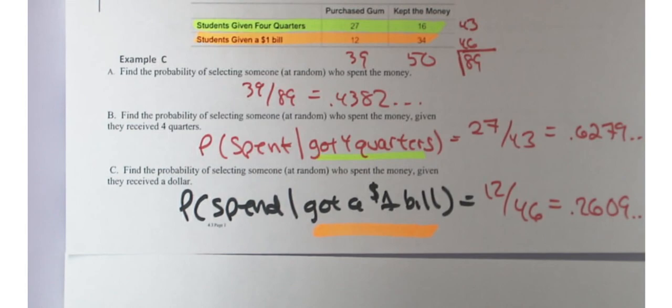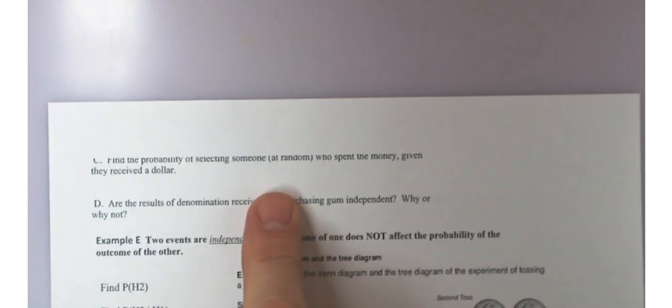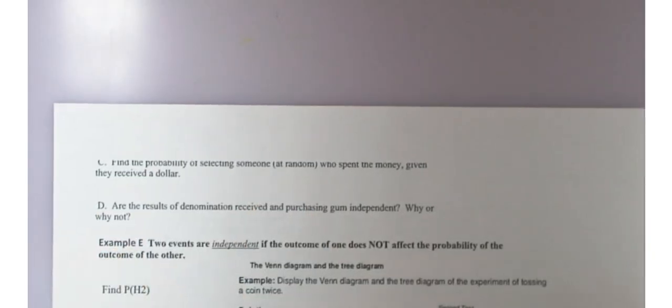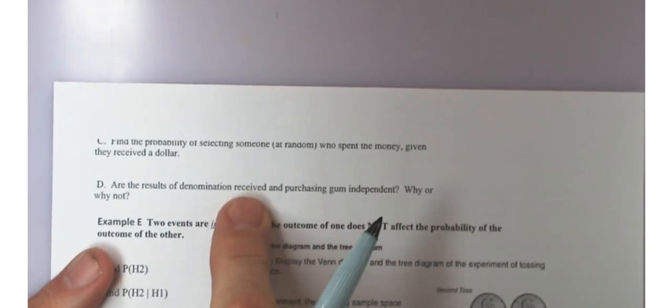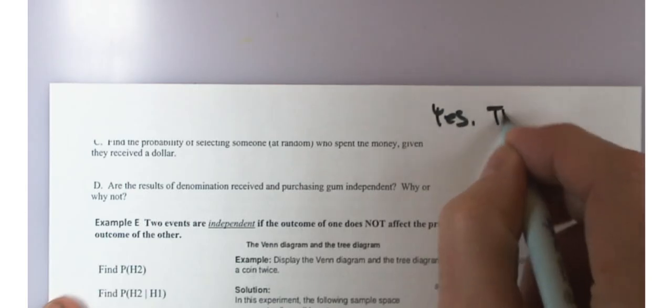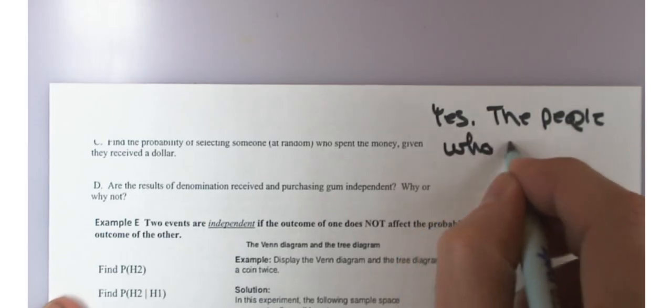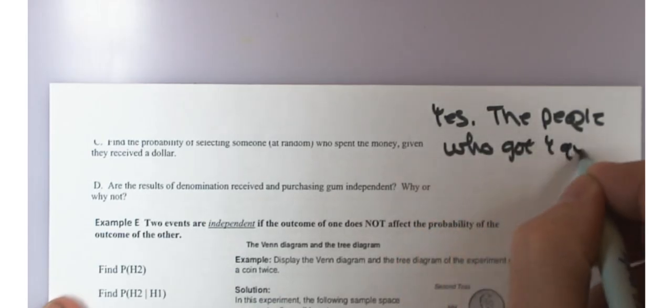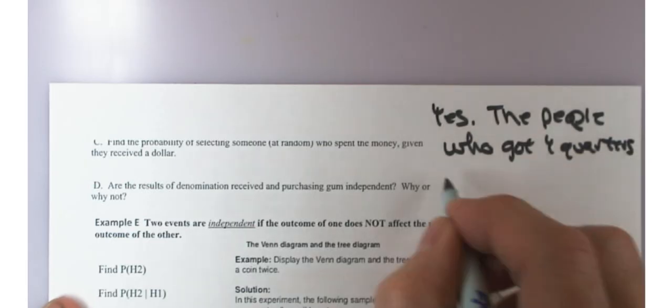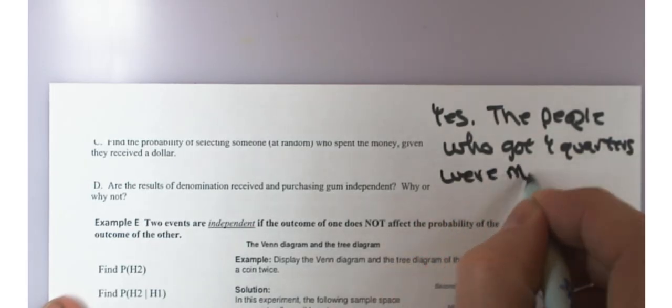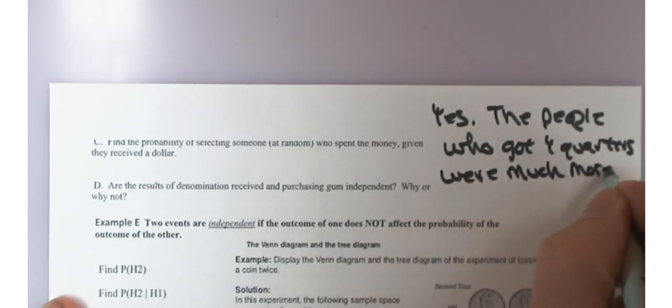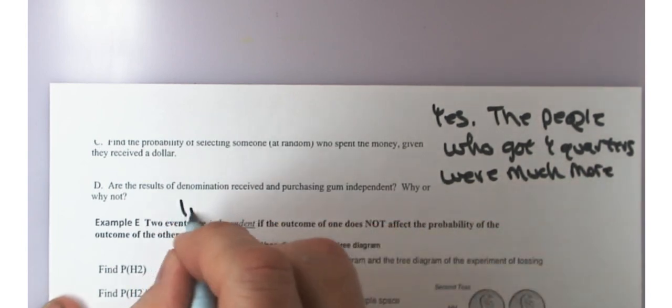So let's see. Do the results of denomination received and purchasing gum, are they independent? No. The people who got 4 quarters were much more likely to spend the money.